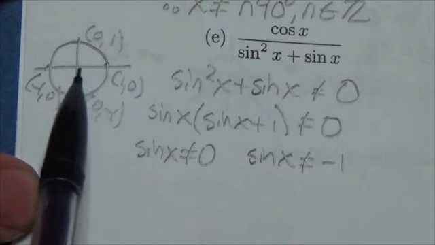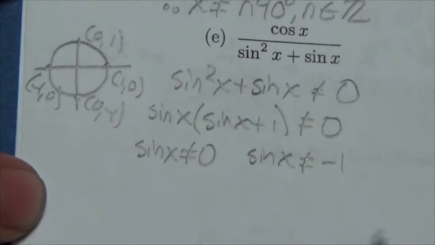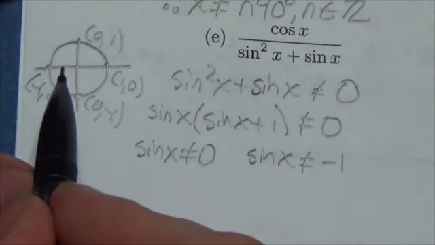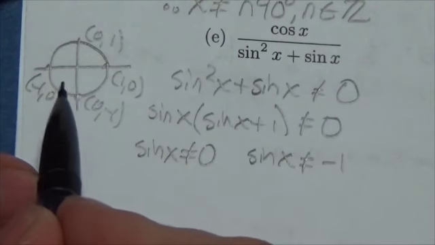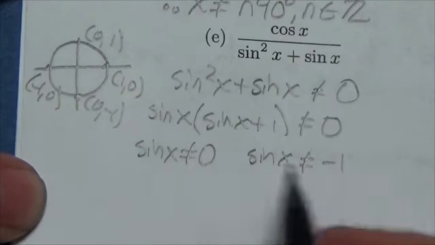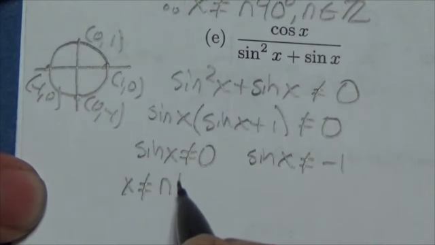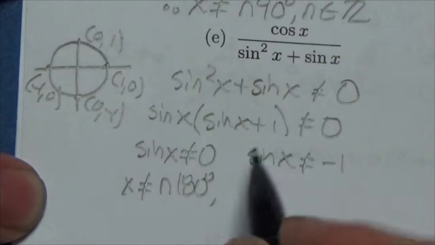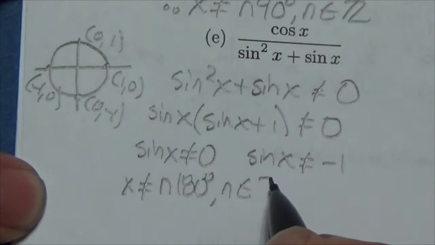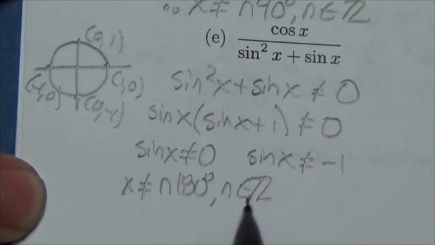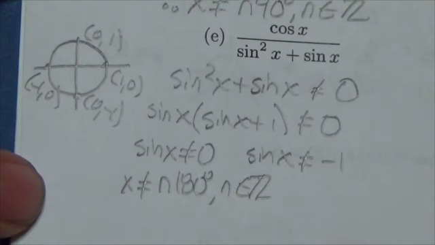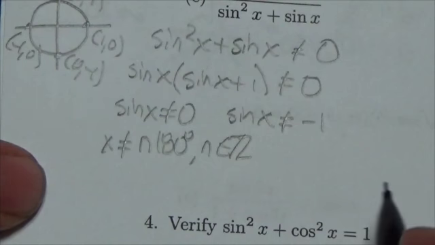And that's going to be here at 0 degrees and 180 degrees. Since those are separated by 180 degrees, I might just summarize that by saying I can't allow x to be equal to multiples of 180 degrees, n times 180 degrees, where n is an element of the integers. And remember, we use Z for integers. That's the proper symbol for that.